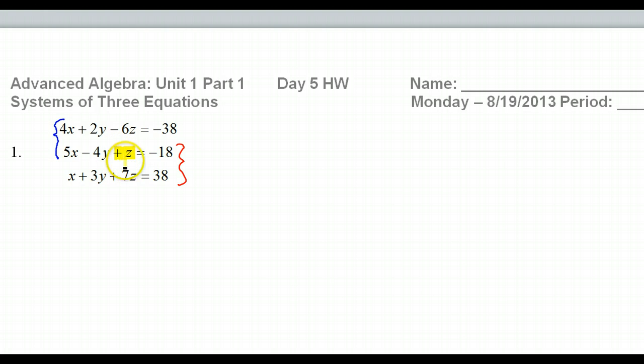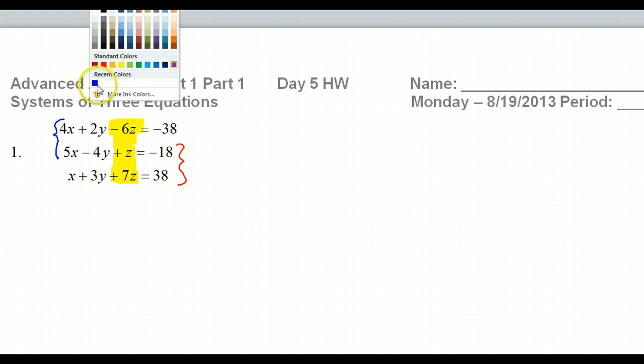See how there's no number in front. The leading coefficient is 1. And that z is in both the blue equations and the red equations. So because of that, I am going to decide to eliminate the z's. In fact, I'll just highlight this whole situation to show that I'm all about eliminating the z's today.